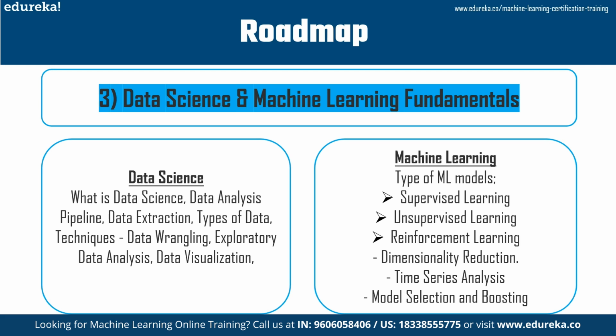For example, supervised learning, unsupervised learning, reinforcement learning, and what the different types of algorithms used within these different types of models are. And you should know concepts like dimensionality reduction, time series analysis, and finally, after you learn all of these, you should know how to do model selection and boosting.